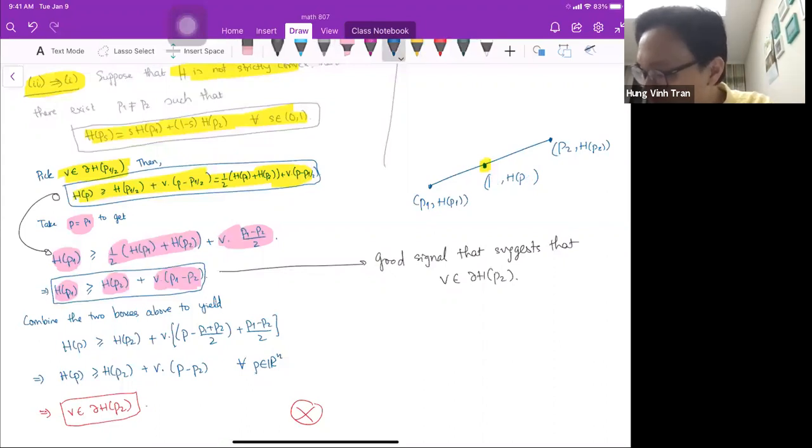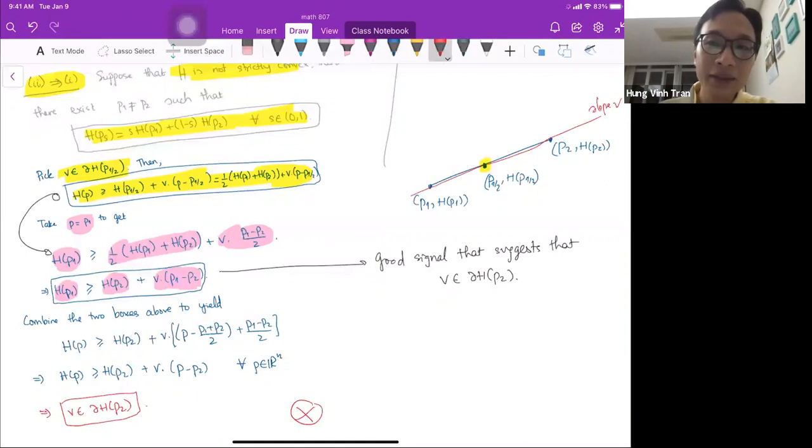So in the picture I have p1/2 and h of p1/2. In this picture, how do I choose a supporting hyperplane? It has to be below all those points on the line, right? So in 1D, in multi-D it can be different, but in 1D, your supporting hyperplane must be just this one, which has slope v, exactly that line. So it suggests that v is also in the subdifferential of p2.